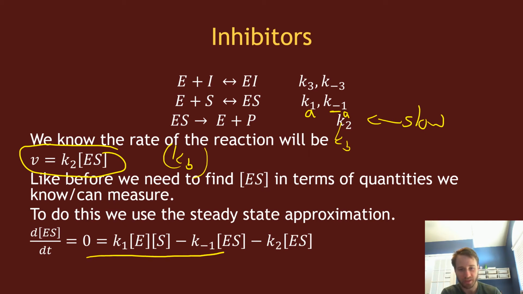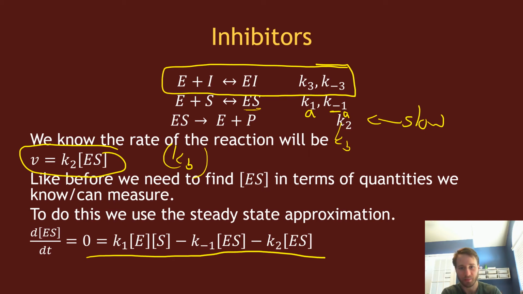Now the steady state approximation, we have kind of the same thing as we did before, because this reaction here doesn't affect the concentration of the enzyme substrate directly. It only indirectly affects it by changing the concentration of the enzyme.